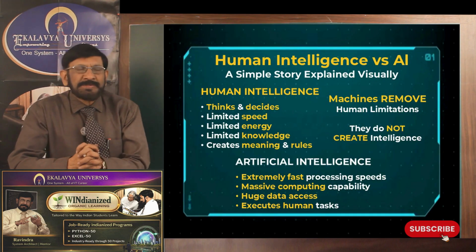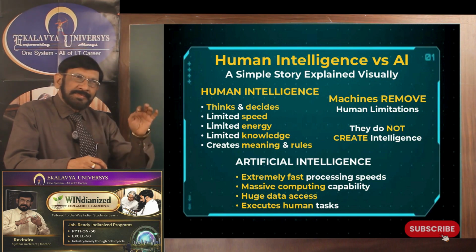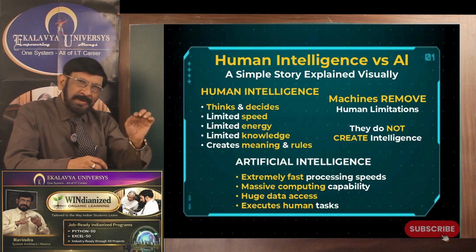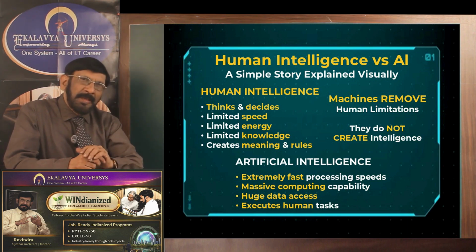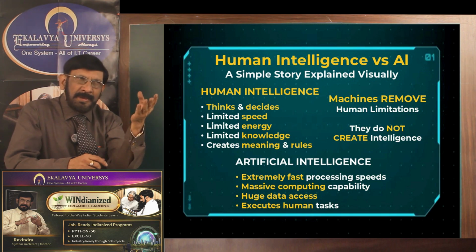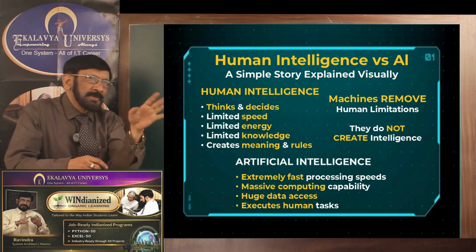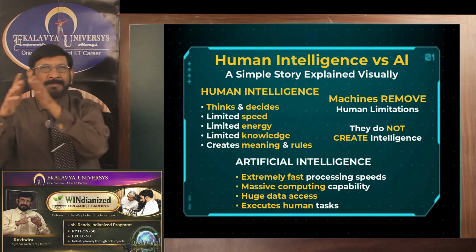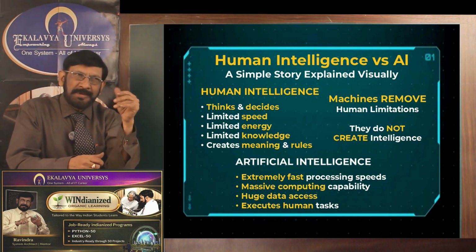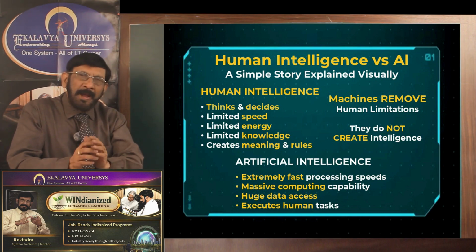Now I explain this point in a more detailed manner. A human can think and can decide. A human can create meaning and create rules. But a human has inherent limitations as far as speed, energy, knowledge, memory storage, etc. As far as the machine is concerned, it removes all these limitations regarding speed, energy, storage, knowledge, etc. of the human.